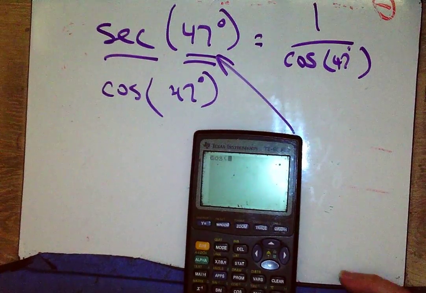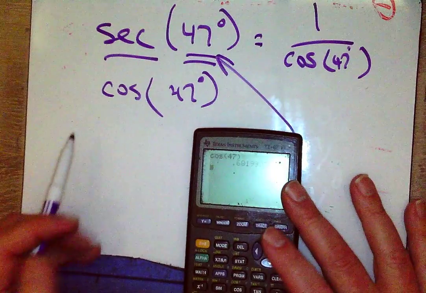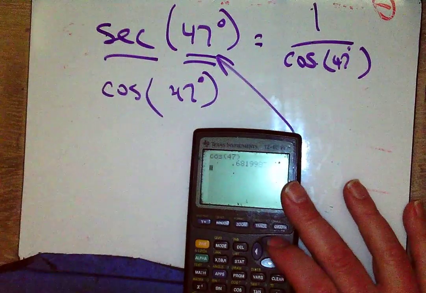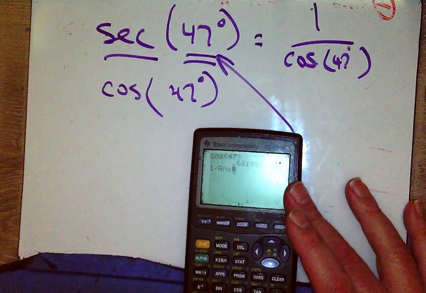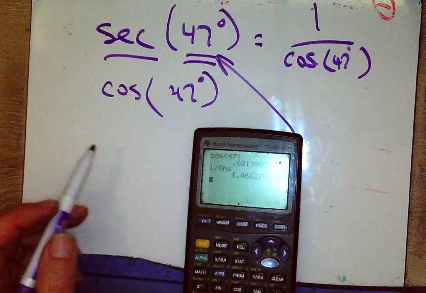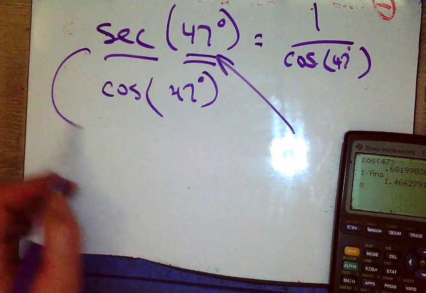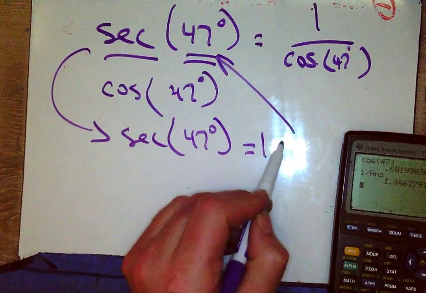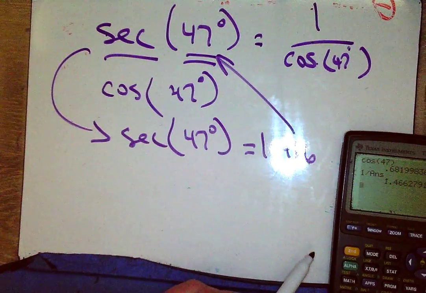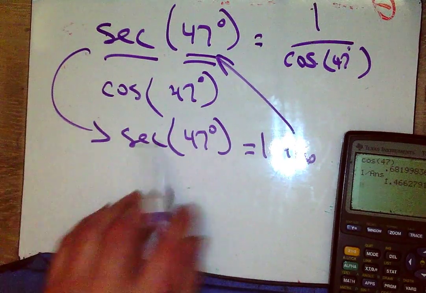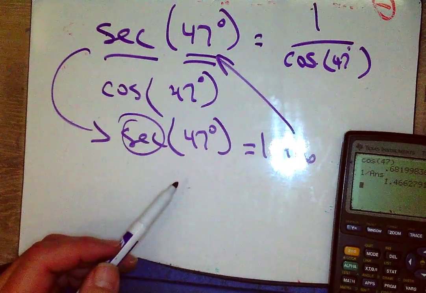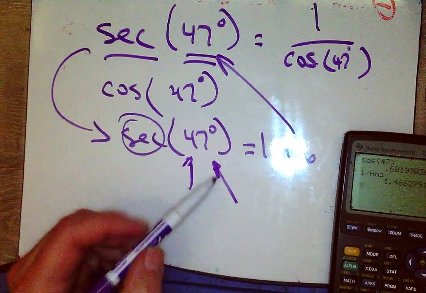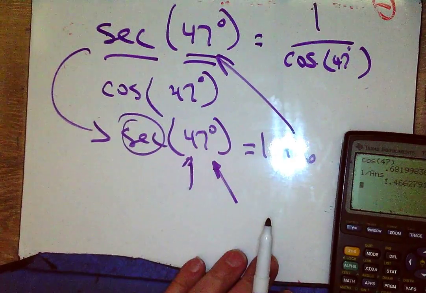Okay, so cosine of 47, I get this number, but secant is 1 divided by that number. 1 divided by our answer, and I get that secant of 47 degrees is 1.466. No, that's not the x value or the y value. It's the reciprocal of the x value. The point here being, I should be able to do this on my calculator too.